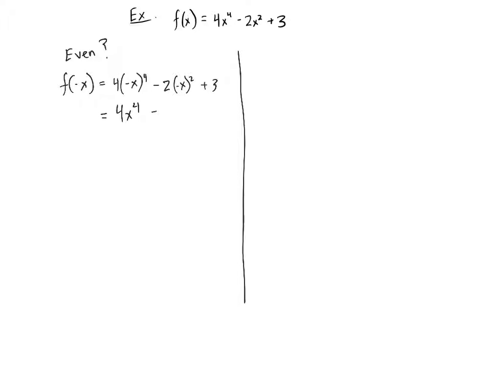How about the second part? 2x squared. That negative x squared is a positive x squared. Negative 2 times positive x squared. All right, next up is the plus 3. So is it even? Is it the same function? When you multiply 4 times negative 1, it's a negative 4.